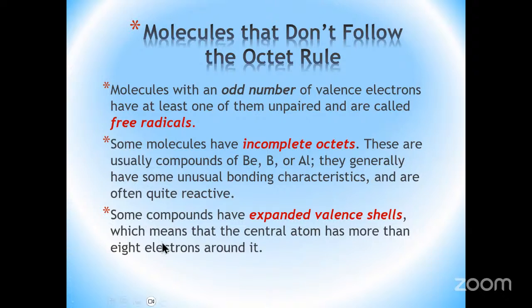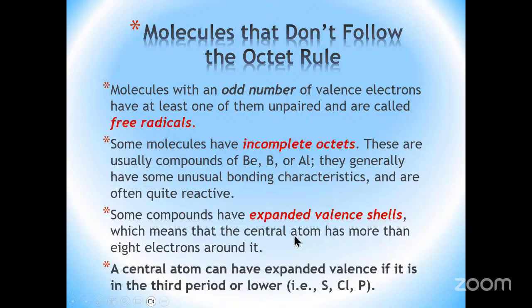So these are the situations where the central atom will not have 8 electrons on its outer shell. As stated here, the central atom can have an expanded valence if it is in the 3rd period or lower, as I said before. So atoms like sulfur, chlorine, phosphorus, etc., can actually do this, all right?